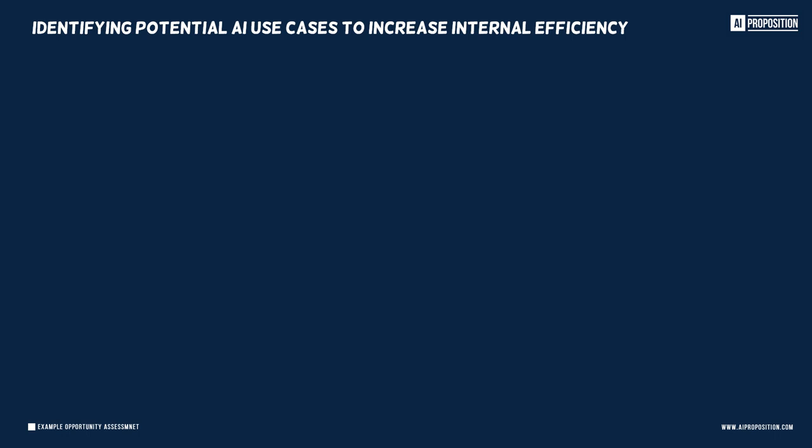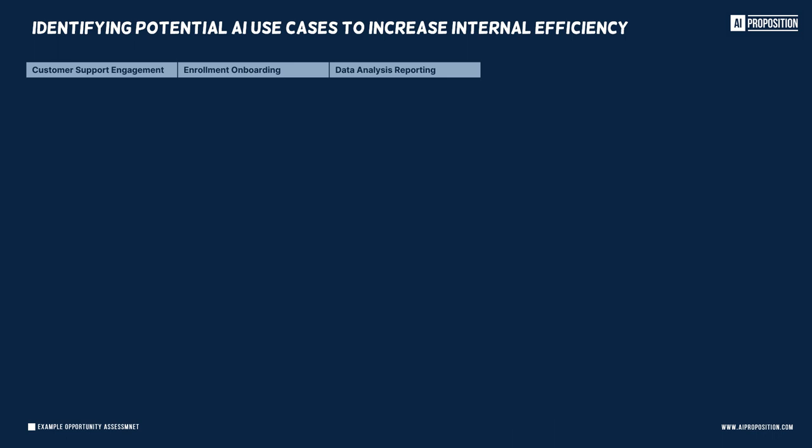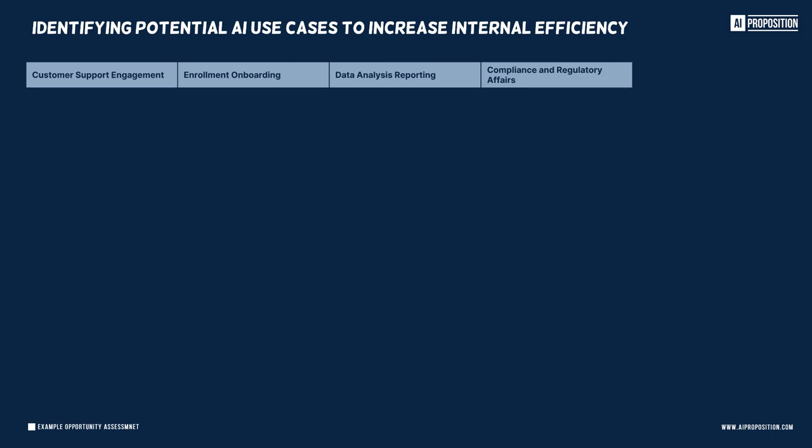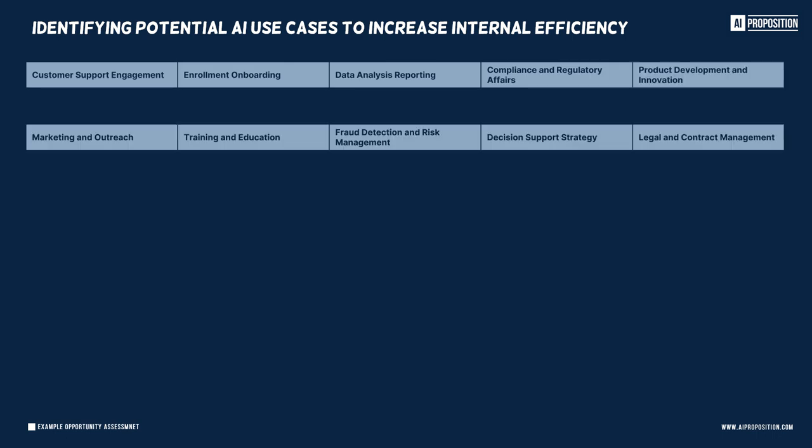So once we figure out that we could use simplification to address the issue of overwhelming complexity and jargon, what internal efficiencies could this bring to the health plans and benefits management business? So we could create improvements around customer support engagement, enrollment and onboarding, data analysis and reporting, compliance, product development, marketing outreach training, fraud, risk, decision support strategy, legal and contract management.